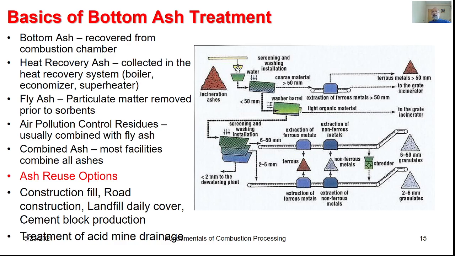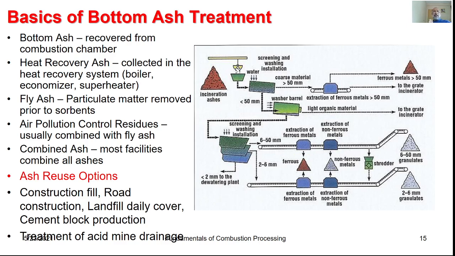The light organic fraction having a size less than 50 millimeters would be moved to the grate incinerators, whereas the residues would pass through a number of screenings in order to extract ferrous as well as non-ferrous metals. The content with 2 to 50 millimeter granules can be used for beneficial purposes such as construction and the road industry. It can be employed as landfill daily cover.